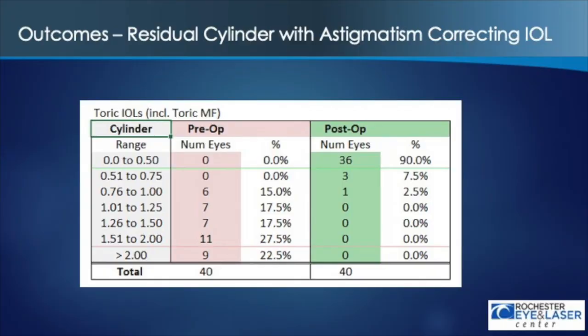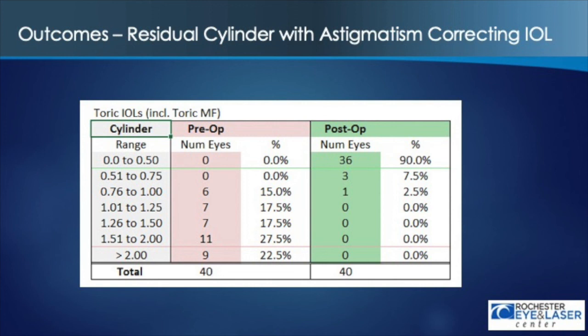So I just wanted to kind of show you Dr. Lindahl's results. We did a study of 40 patients. And 40 patients, as you see, pre-op, had an astigmatism which was 0.76 all the way beyond 2 diopters, okay? And then he did the surgery and put in a toric lens.